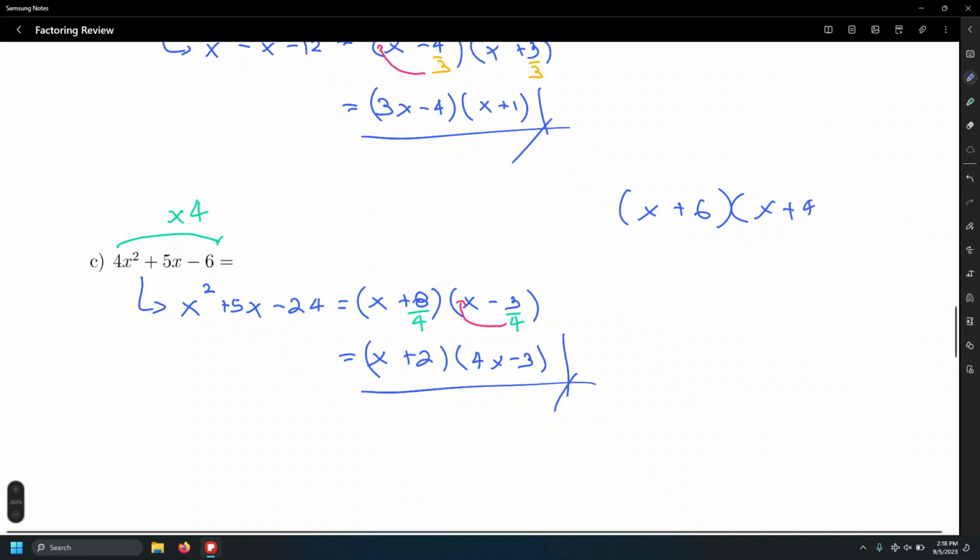One of them has to be negative. Maybe the negative 6, but negative 6 plus 4 does not add up to 5. So we need the combination of numbers, in this case 8 and negative 3, so that the addition is the middle coefficient. So it's the same as the diamond method, right?